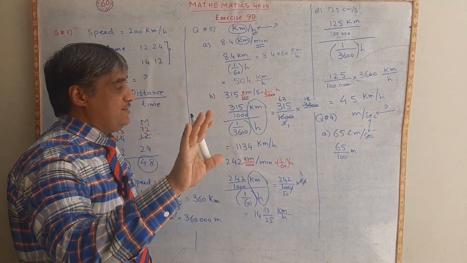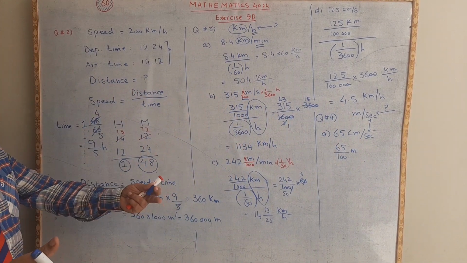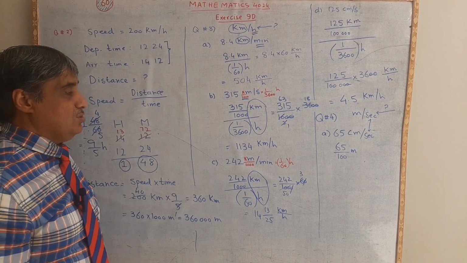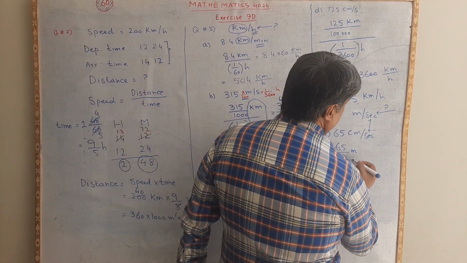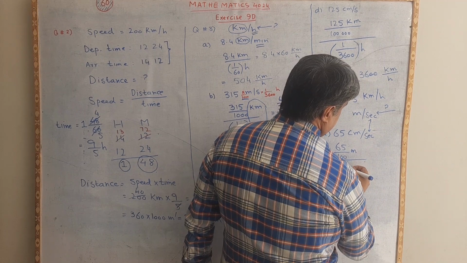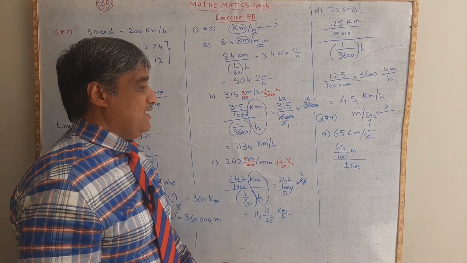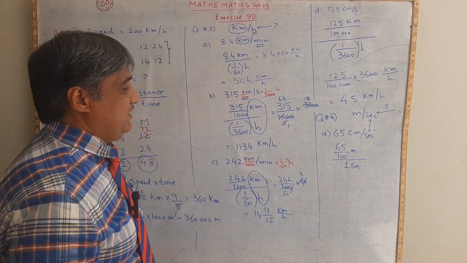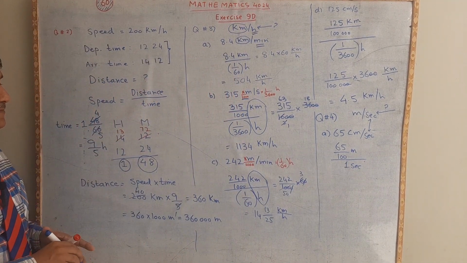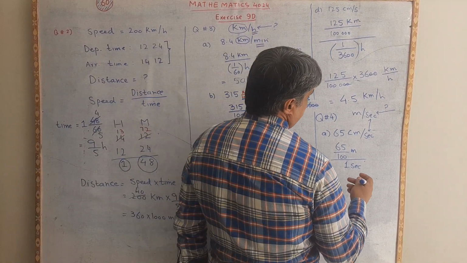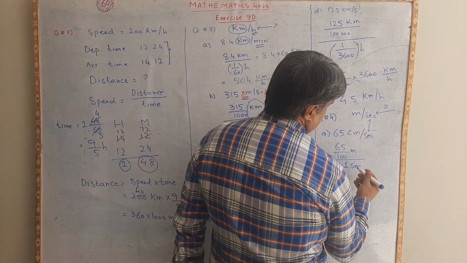Cent means 100, percent means in 100. So then I will write 1 second, and that is 1 second. We are not converting it because it is already told in the question that we need meter per second.